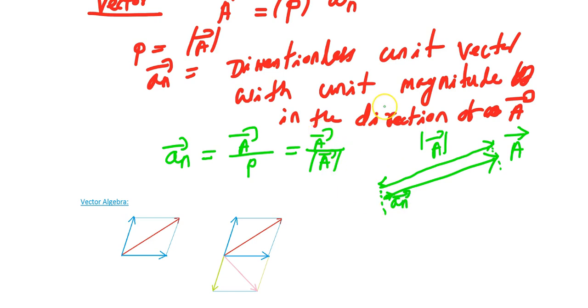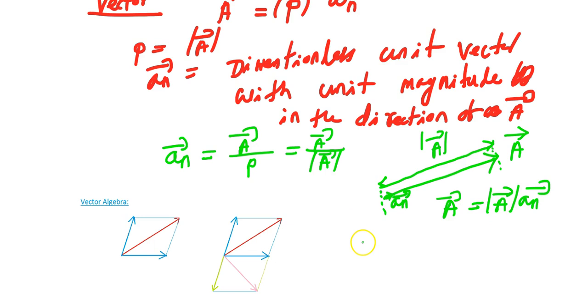I have told you, a dimensionless unit vector with unit magnitude in the direction of vector A. So in short, I can write vector A is equal to magnitude of A times a_n.